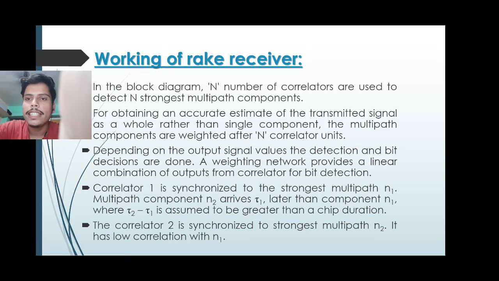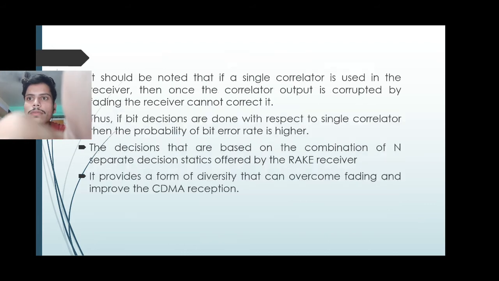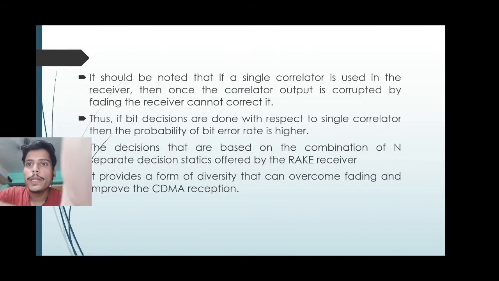Correlator 1 is synchronized to the strongest multipath component N1. Then multipath component N2 arrives tau 1 later than component N1, where tau 2 minus tau 1 is assumed to be greater than a chip duration. Correlator 2 is similarly synchronized to the strongest multipath component N2, and it has low correlation with respect to N1.